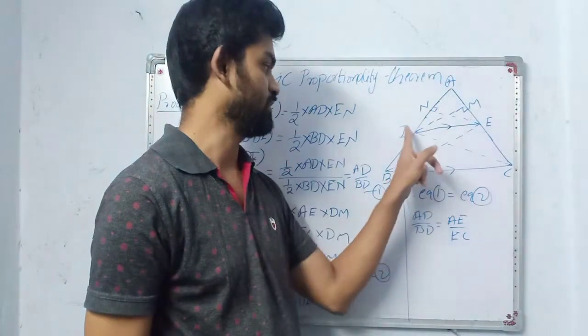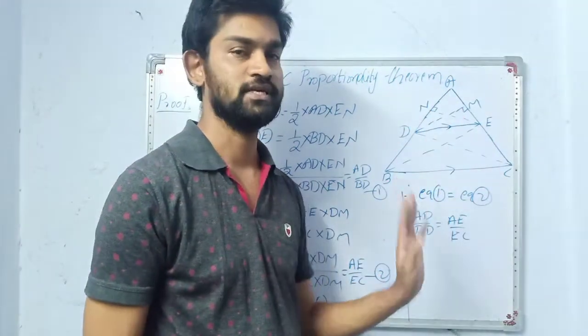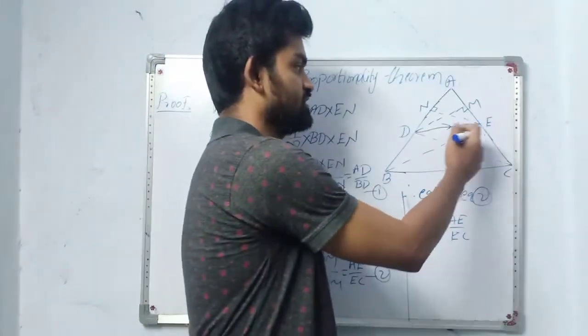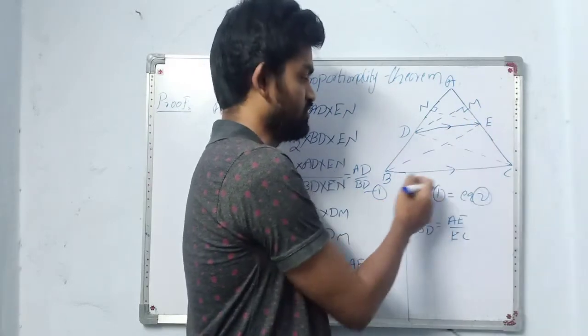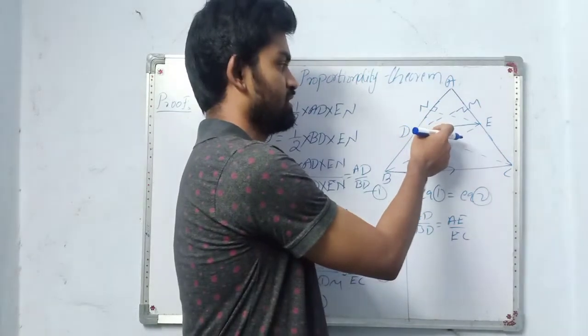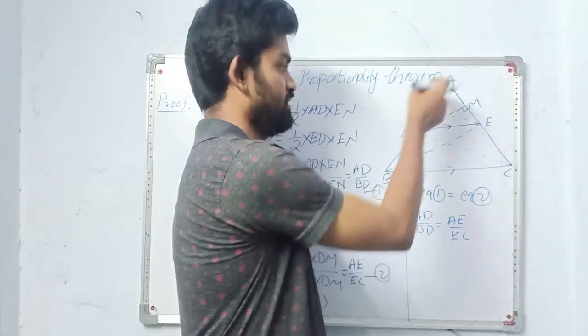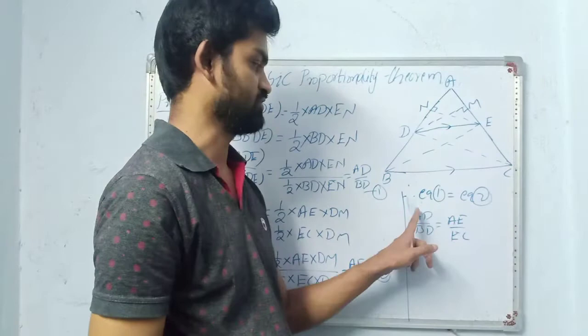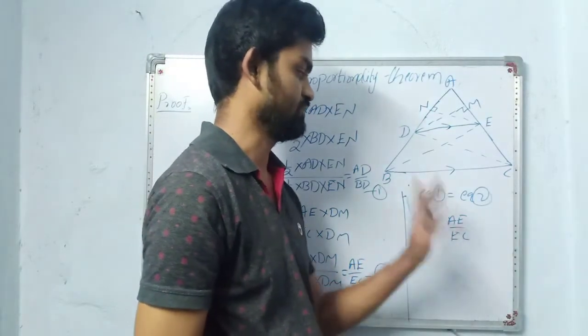That is AD by BD equals AE by EC. See here, DE is a line drawn parallel to BC. Then this parallel line DE will divide AB and AC in proportion. That's what we proved.